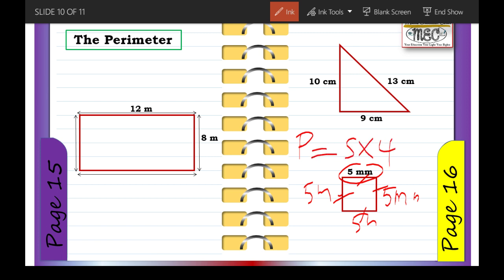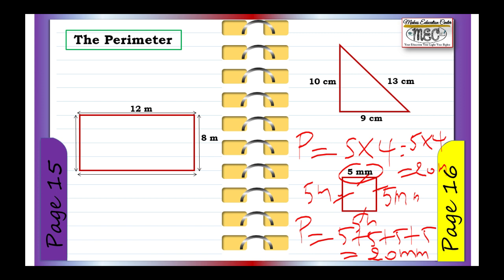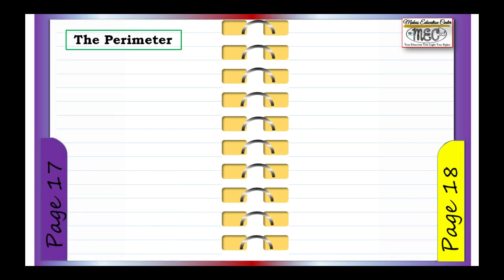Times 4, because all the sides are equal. So here, the perimeter is equal to 5 plus 5 plus 5 plus 5, which is 20 millimeters. When you multiply the side by 4, we also get 20 millimeters. So you can easily find the perimeter of any shape using the length measurement units.